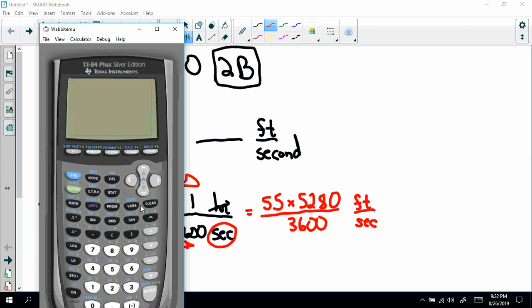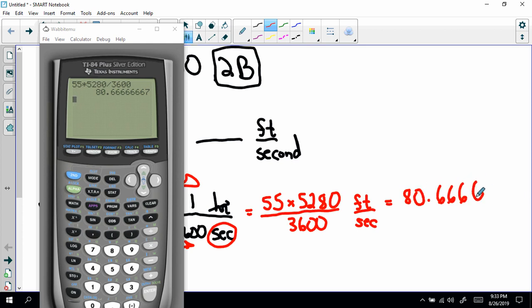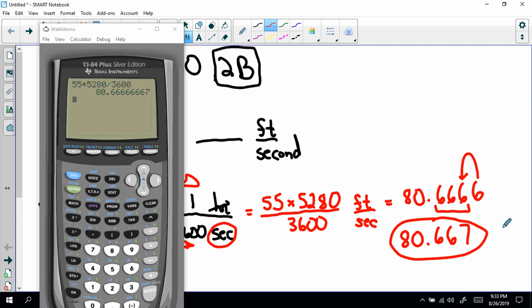That gives 80.6 repeating, 80.6666. This 6 is a 5 or above, therefore that becomes 7 if we're rounding to the nearest thousandth. Oops, most important, feet per second.